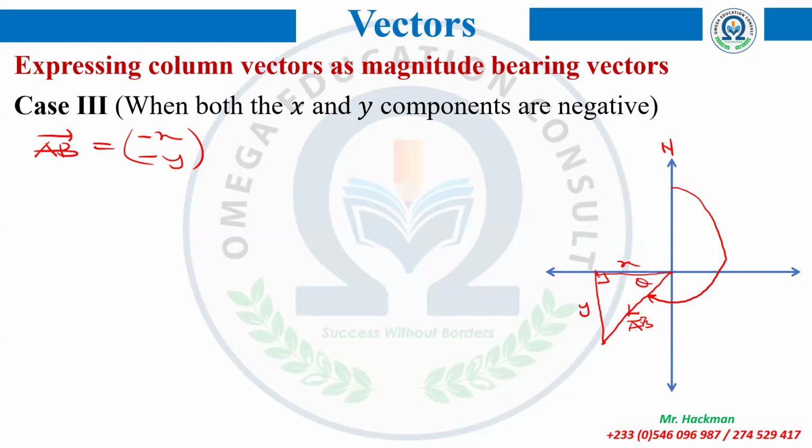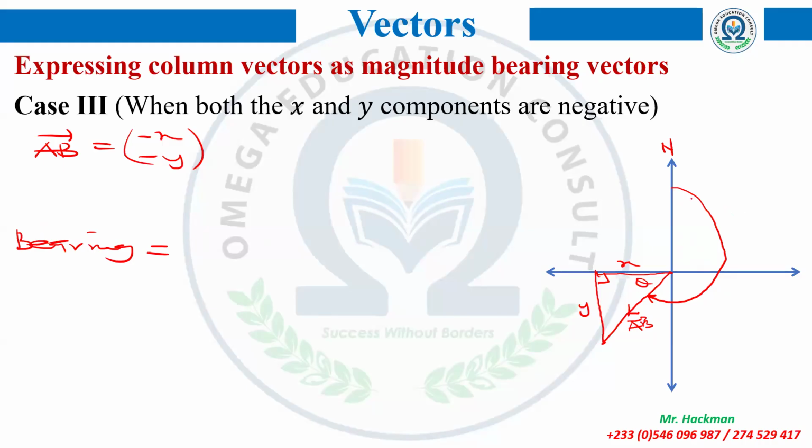I won't talk about the magnitude. You know how to find the magnitude, it is very easy. So I'm straight away moving on to the bearing. The bearing here, remember, is from here up to here. Somebody can do 90 plus 90, which is 180, then subtract theta, but I wouldn't advise you to do so. You know from here up to this line is 270.